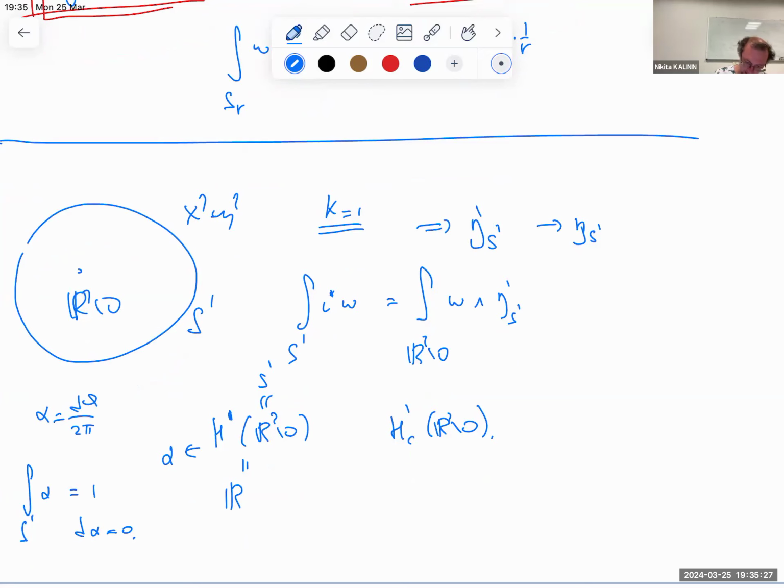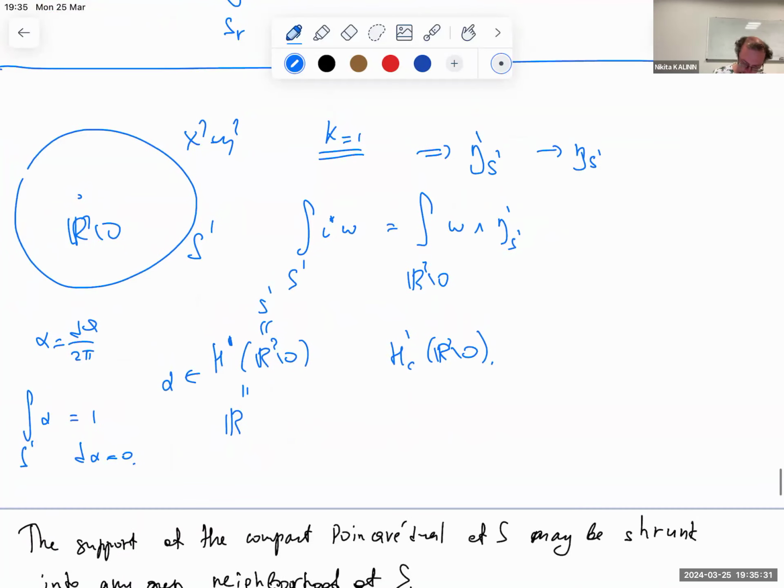Then we again have the same question. So is it true that, well, here you propose it as what? As the compact Poincare dual, or as just the Poincare dual?